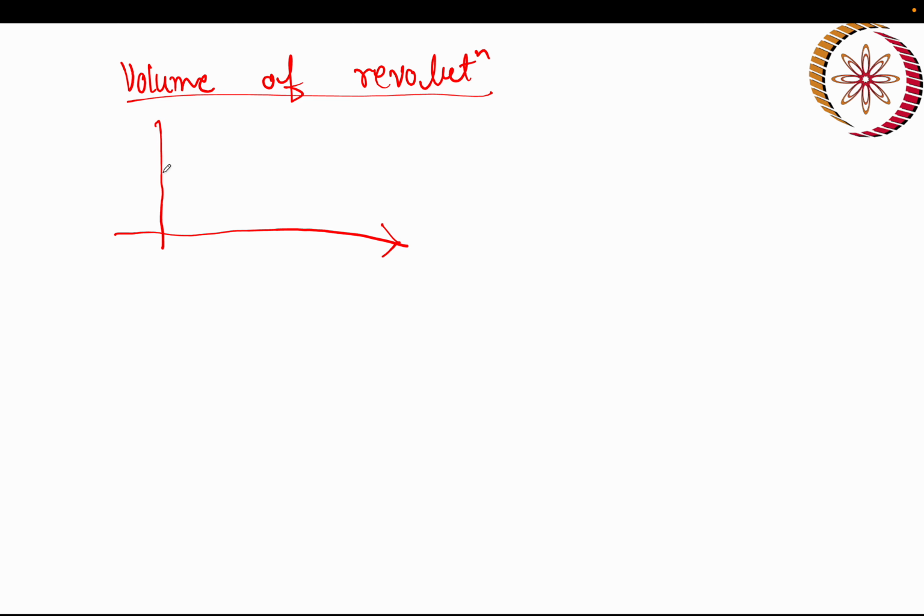Okay, so let's say there is some function, y equal to f of x, and this is x equal to a, and this is x equal to b.